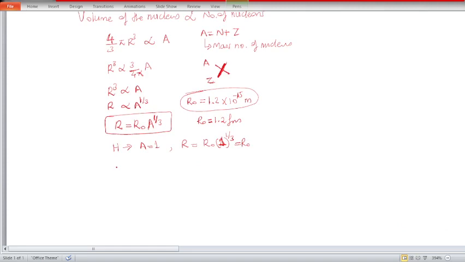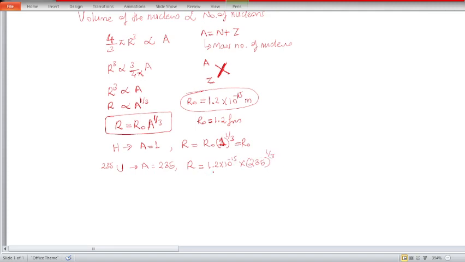Similarly, if you consider uranium, let's say uranium 235, then you have mass number A equal to 235, and your radius of uranium nucleus will become R0, that is 1.2 into 10 raised to minus 15, into A raised to 1 by 3, that is 235 raised to 1 by 3.